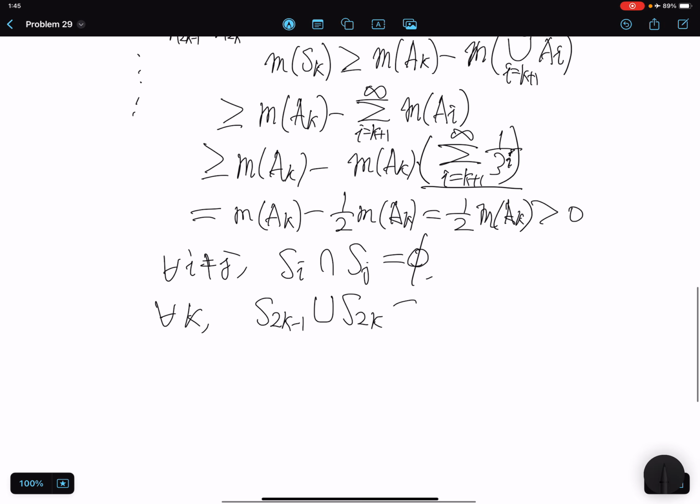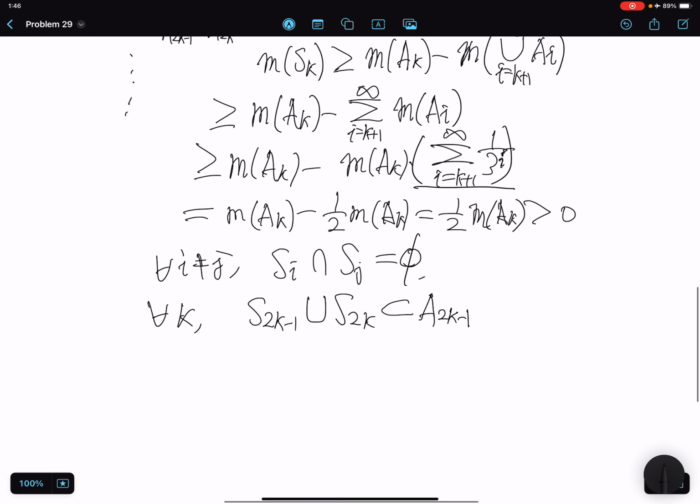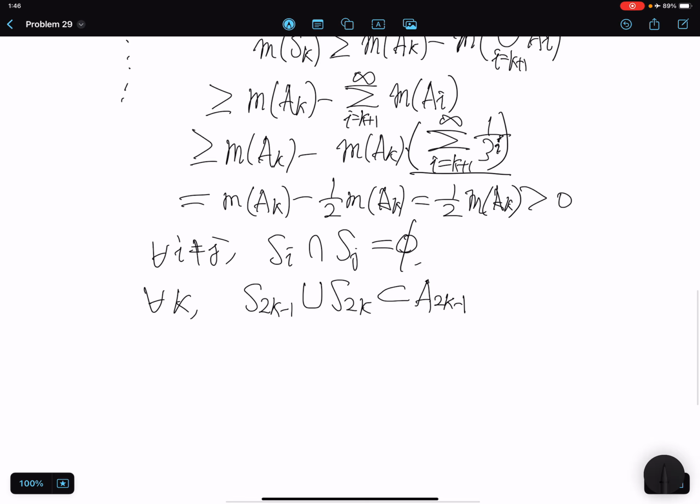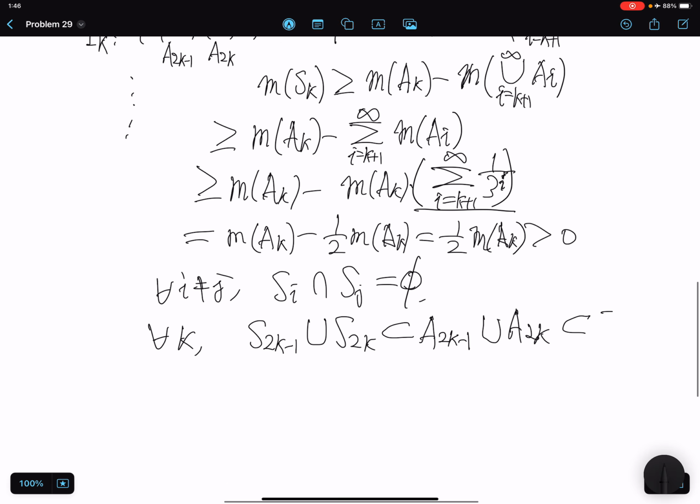is actually a subset of A sub 2k minus 1 union A sub 2k, because S sub 2k minus 1 is a subset of it. From the construction, this is contained in I sub k, right?